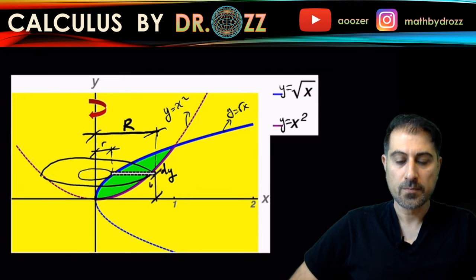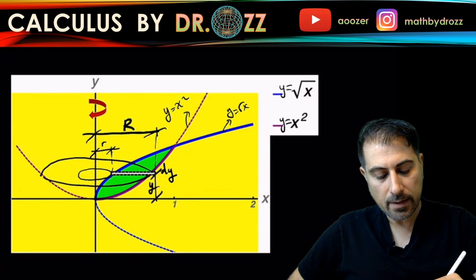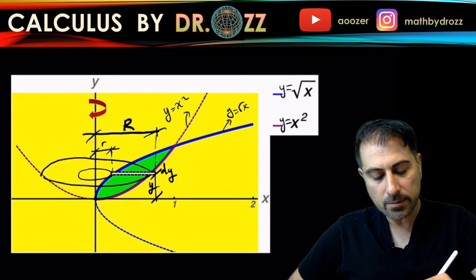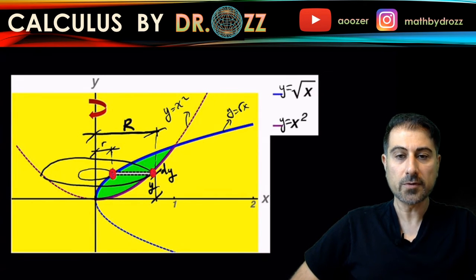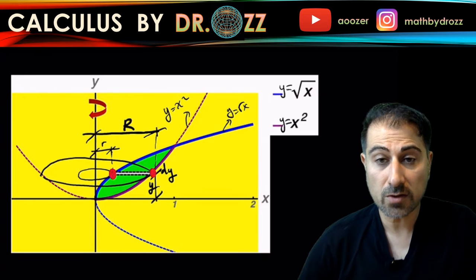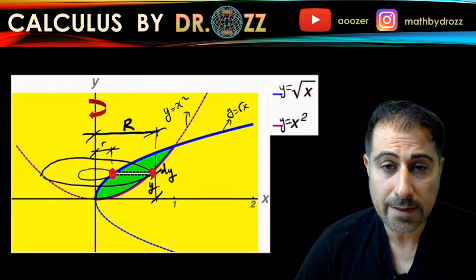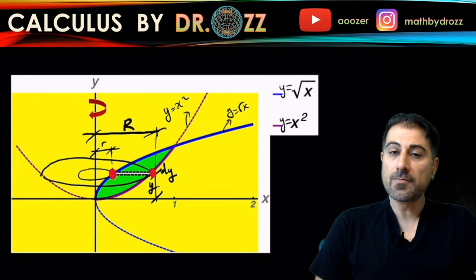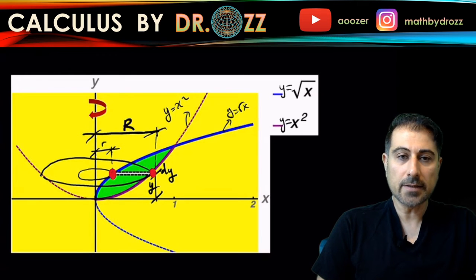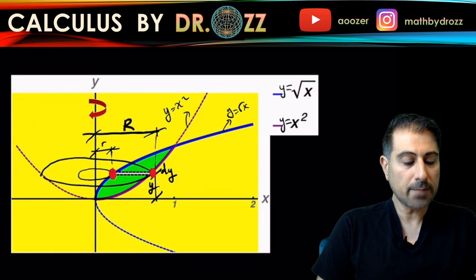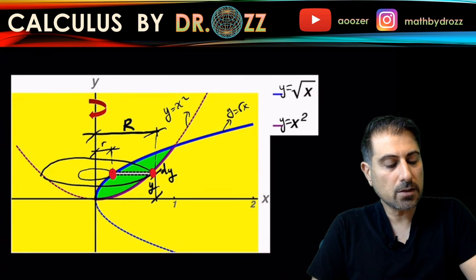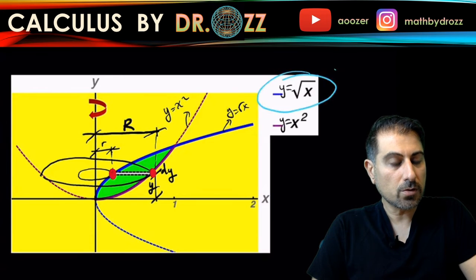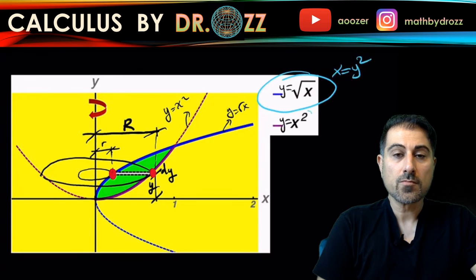Now look at the x coordinates of the red marks, because the x coordinates of those red marked points are going to determine the little r and capital R. But for me to find those, I need the x equals y type representation of these curves. Let me write those here. So here x equals y squared, and here x equals radical y.